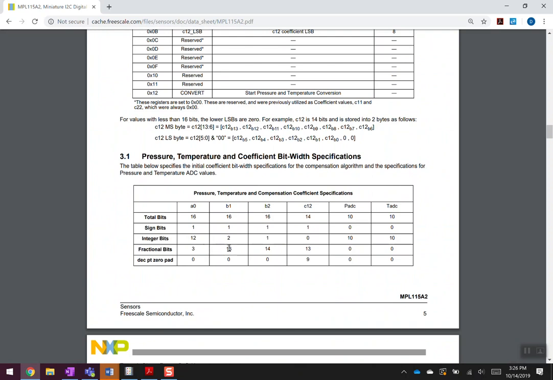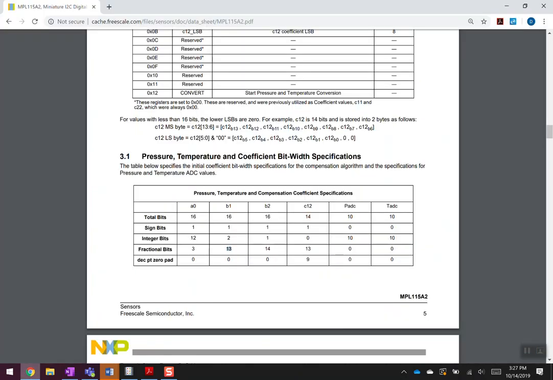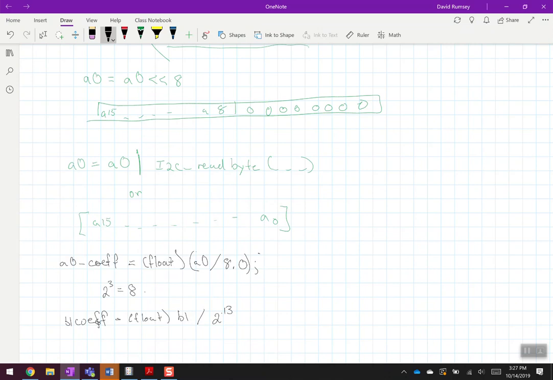But what we should notice here is that this one has got 13 decimal points, and so for the B1 coefficient, we'd have a float of B1 divided by 2 to the, what was it, 13? 13th power.